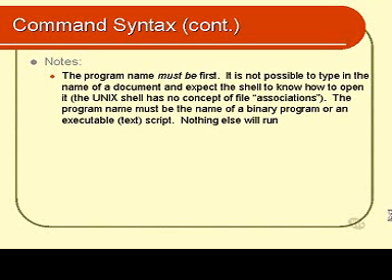So it's very particular about the name of the thing that you can type in first. The thing that you type must be the name of a binary program or an executable text script. Nothing else will run. Well, actually, that's not quite true. There is one other thing that will run, and that is an internal shell built-in command, but we won't worry about those just for the moment. So basically, it just needs to be the name of a program.